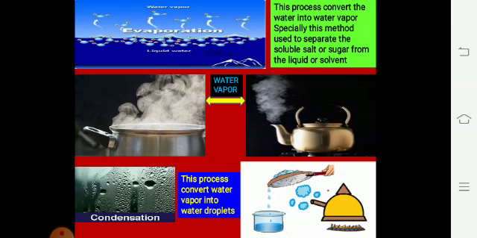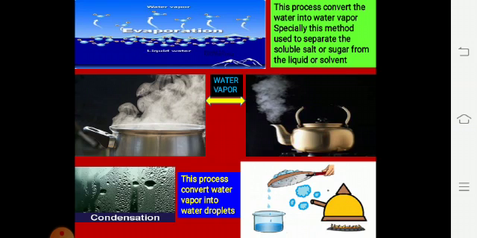That process is known as evaporation, and the quantity of water is reduced, because the boiling water is converting into vapor. As you can see in the given picture, all these are water vapor, and evaporation is the only process by which we can obtain salt from the sea.